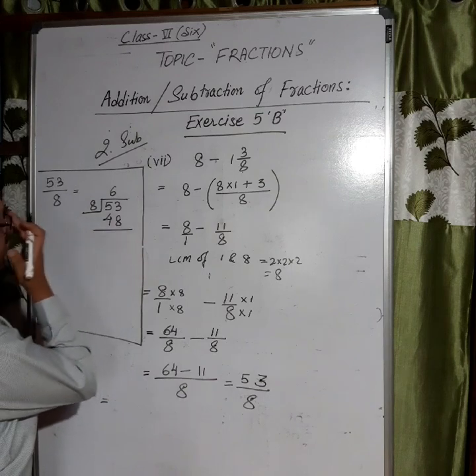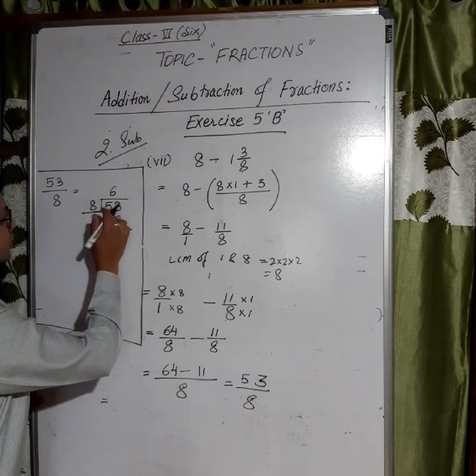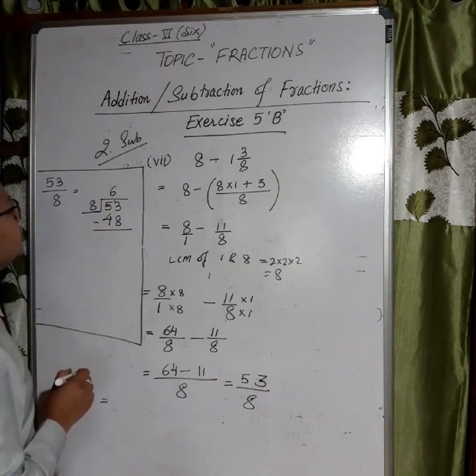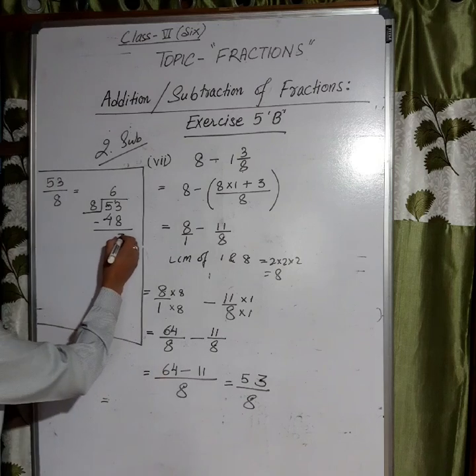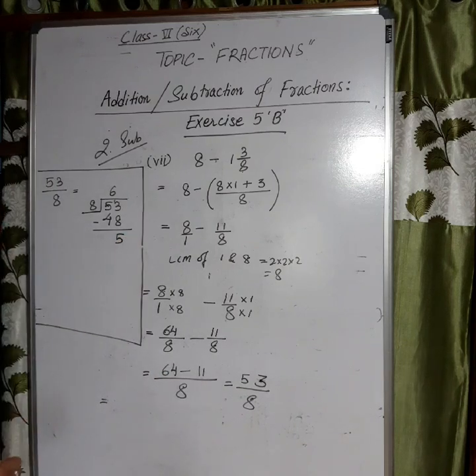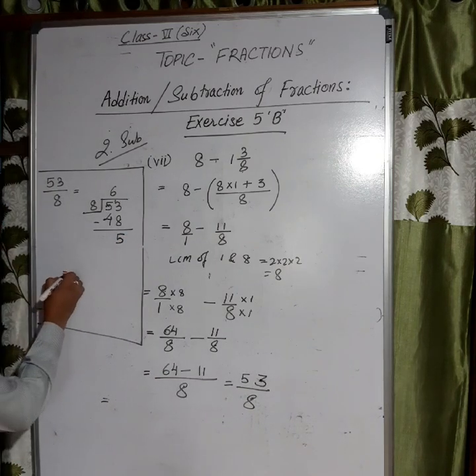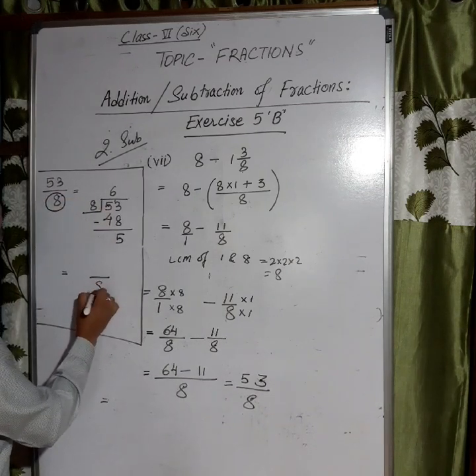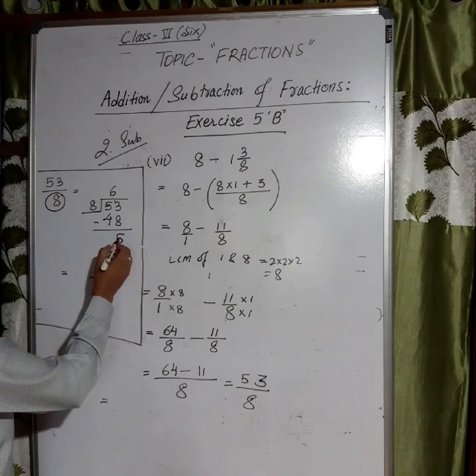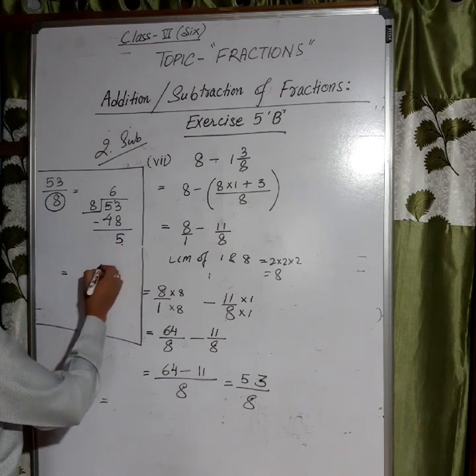So now you need to subtract it. 53 minus 48 gives 5. Since you have divided by 8, it remains as the denominator only.